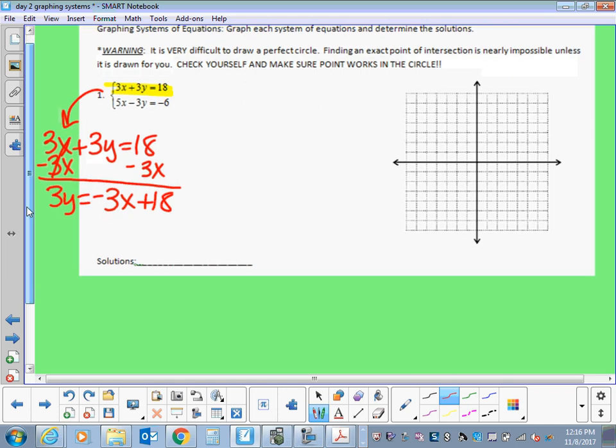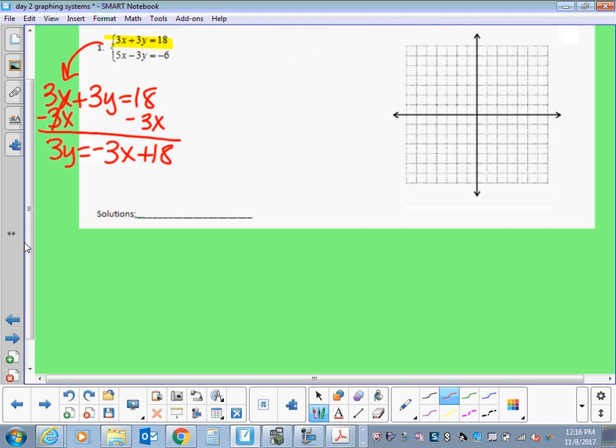Then what? So what's my y equals? Divide by 3. So they're all positive. So I did negative 3 divided by positive 3, so I got negative 1x plus 6, which is solving for y.